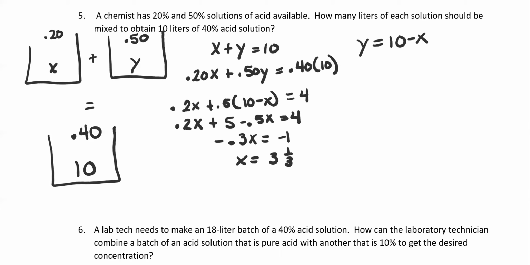So x is equal to 3 1/3. So what does this mean in terms of the context of the problem? X is equal to 3 1/3 liters of 20% acid solution.